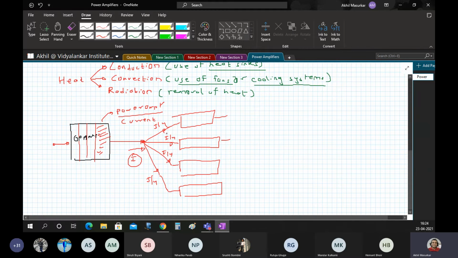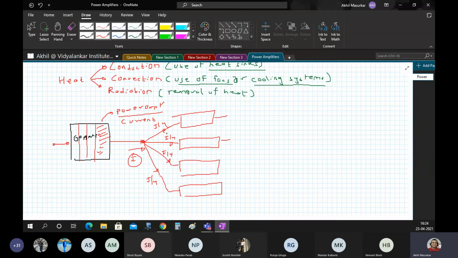This particular diagram is also the diagram for fan out. What we are trying to do is increase the fan out of the chip, and because of that the sourcing and sinking capability will increase because of the use of power amplifiers.